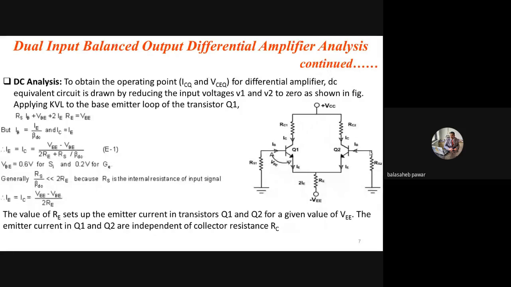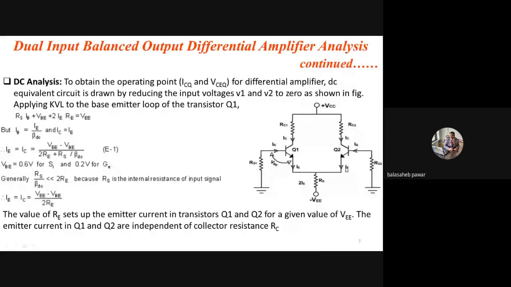Okay. So already I told the emitters of both transistors are connected with each other, and commonly biased through resistor RE. So through resistor RE, there are two currents: the emitter current of the first transistor and the emitter current of the second transistor. As already I told, both transistors are identical, equal in terms of their electrical parameters.